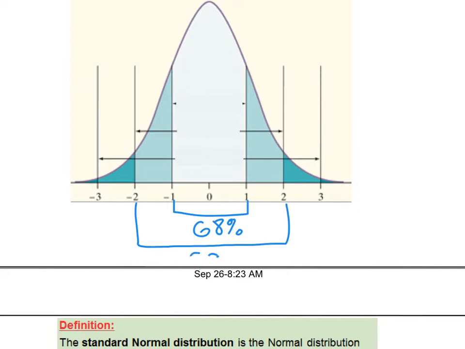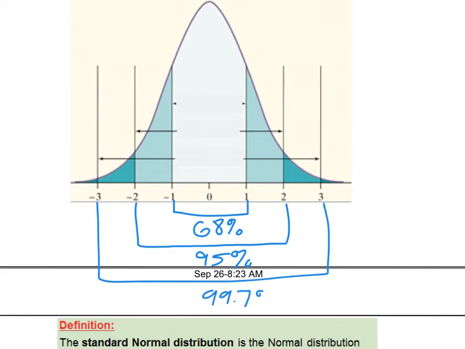Within 2 would be about 95. And 3, 99.7.